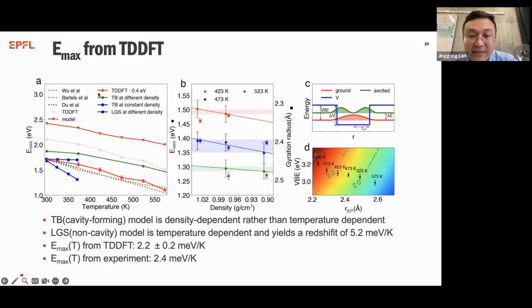And in the second set, we carry out the simulation at the same temperature while changing the density. As one can see, the absorption maximum is almost constant with different density, only bearing a small redshift. However, the temperature has a more significant contribution to the Emax.